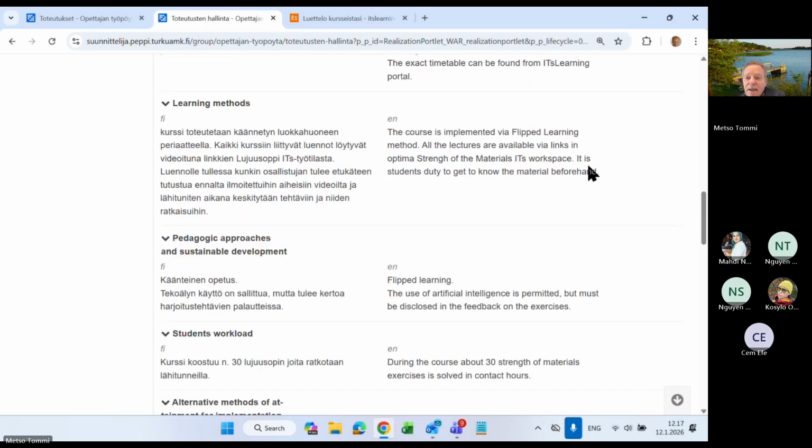And as in the autumn course, the mechanical engineering course, this course is also so-called flipped learning. So I'm going to stream all these lectures and also record them to the same Teams as the earlier course.